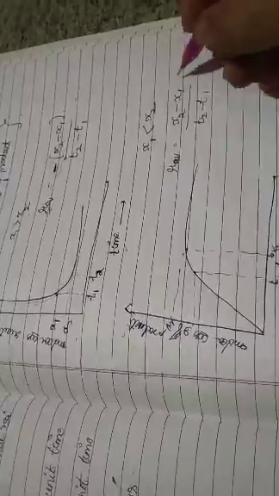Here X1 is smaller than X2. So when I take X2 minus X1 divided by T2 minus T1, of course this will be a positive quantity, which also indicates that the concentration of the product is going on increasing with respect to time. So this is called the average rate of a reaction.